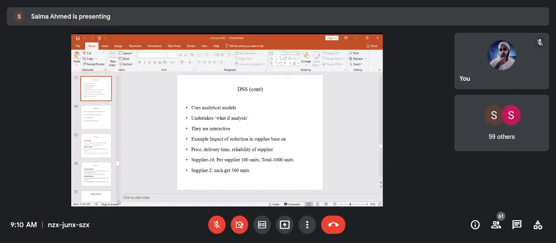Automatically, the reliability of the supplier is going to increase, because now he's getting a larger volume to supply me. From 100 units, we have doubled the volume that he'll supply me. We will demand 200 units from him. Now let us further reduce the suppliers. We give the entire volume of production to 2 suppliers. So each gets 500 units.